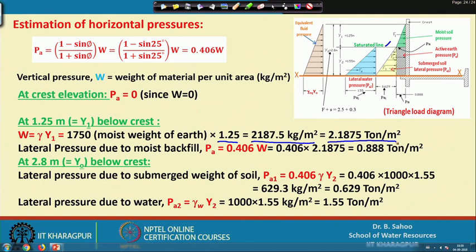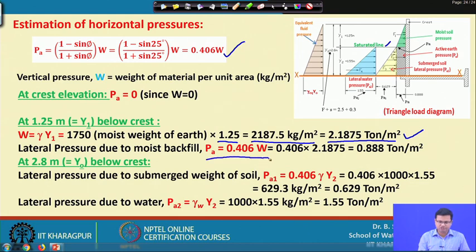The lateral pressure due to moist backfill can be estimated as, because this is your vertical pressure or vertical weight, that is W here. Now, you can use that equation to estimate what is the value of P A, that is equal to 0.406 W. So, you can get 0.888 ton per meter square.